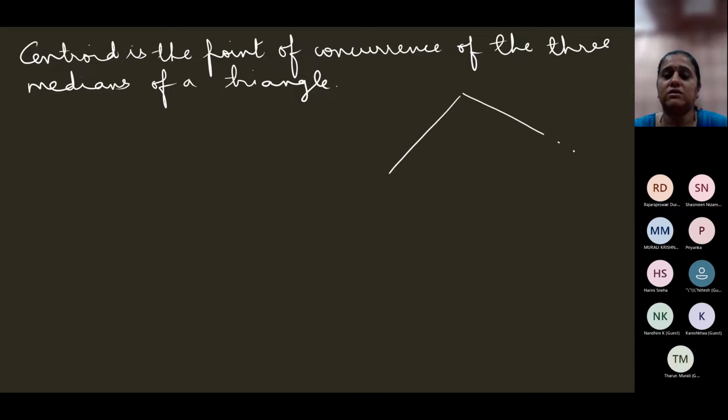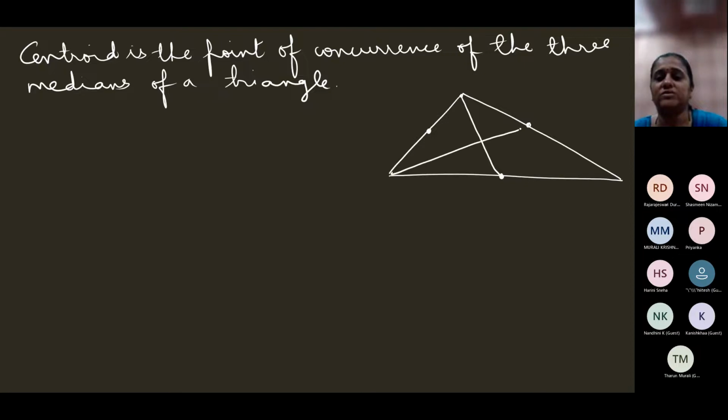So take a triangle, with midpoints of each side. What is a median? It's a line segment from the vertex to the midpoint of the opposite side. So from each vertex to the midpoint of the opposite side.